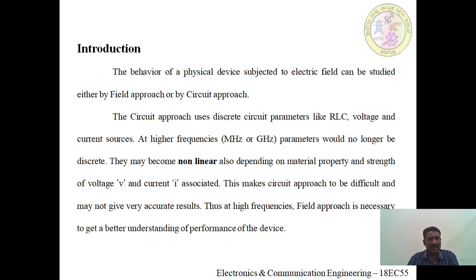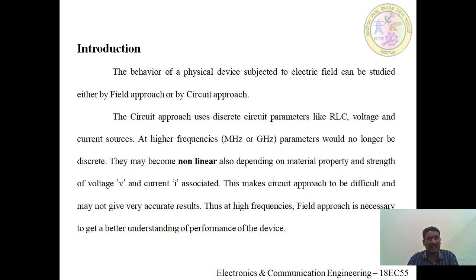The circuit approach uses discrete circuit parameters like RLC, that is resistor, inductor and capacitor, passive components, voltage and current sources.